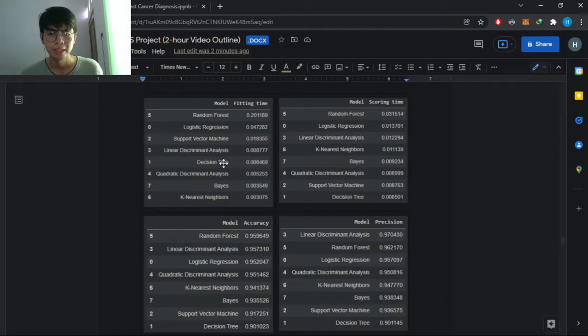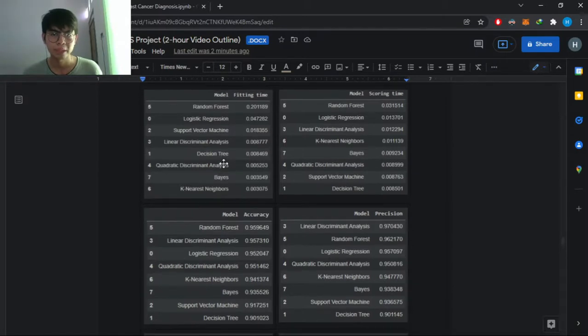As we can see here, random forest and logistic regression are computationally intensive. They're among the highest, especially random forest. The gap between random forest and other algorithms is a lot.